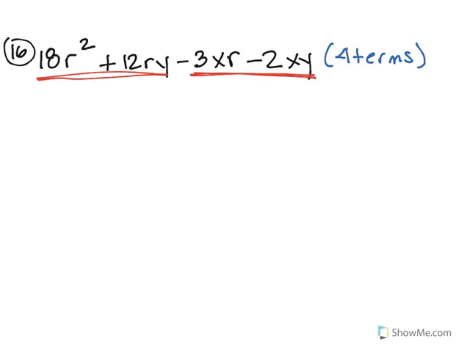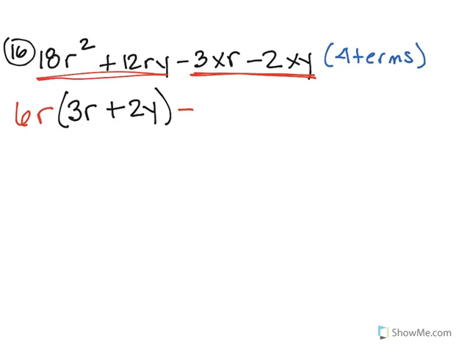Out of the first two, we're going to pull off a 6 and an R. That's going to leave us with 3R plus 2Y. Off the second two, you notice that both of the second two terms are negative.